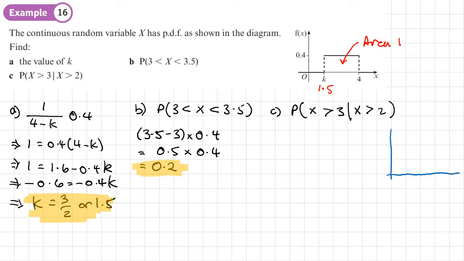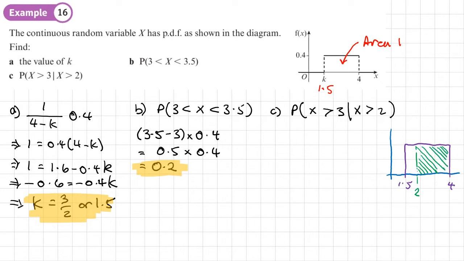So let's draw our uniform or rectangular distribution here, okay, which is going between 1.5 and 4. And with conditional probabilities, it's the second part, x is greater than 2, that you can think of as being the denominator. That's going to be the denominator there.